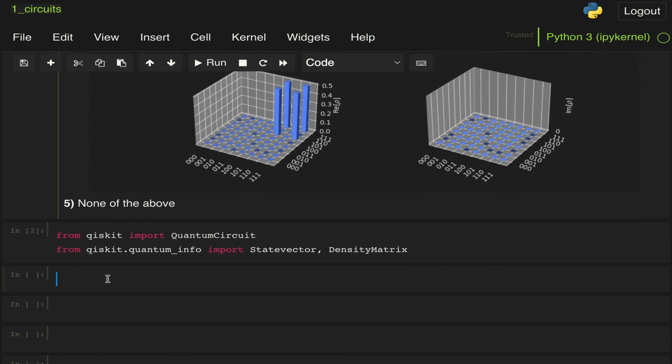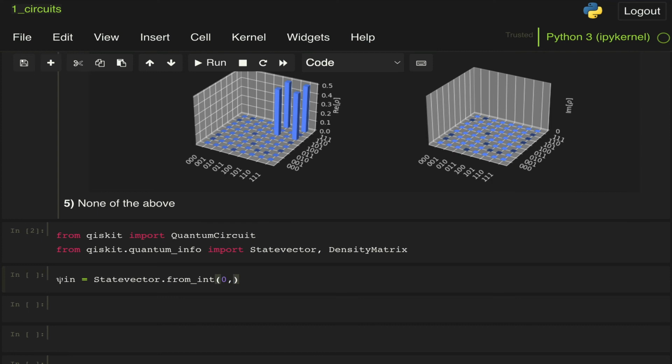Now let's initialize our state, so let's call it psi_in, for example, and Statevector. Here we're going to use this method from_int, where what we pass is the integer we want to initialize our state in, so the all zero state.